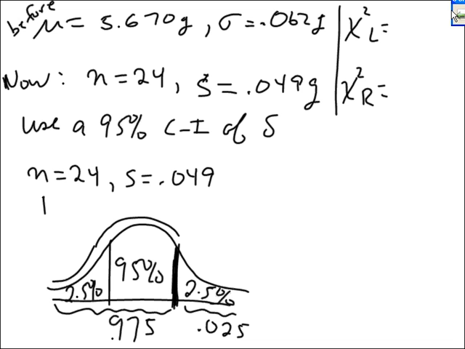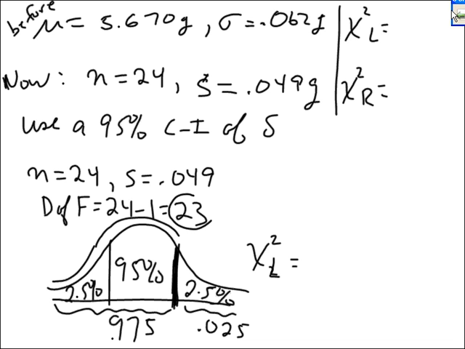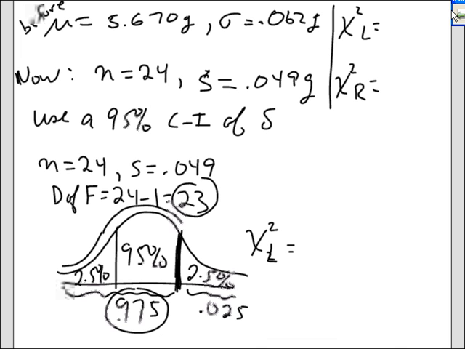And the degree of freedom is n minus 1, which is 23. So for chi-squared L, we look under 23 and 0.975 on the chi-squared distribution.